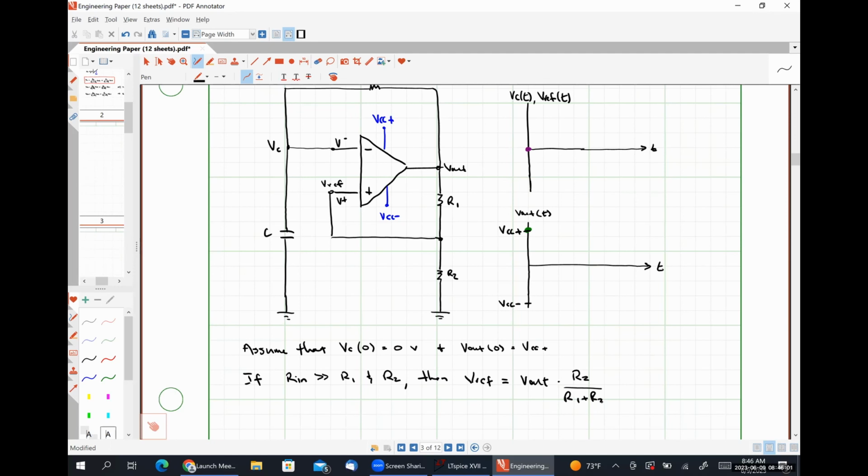Okay, so if V out starts as positive, then Vref will be a positive voltage.